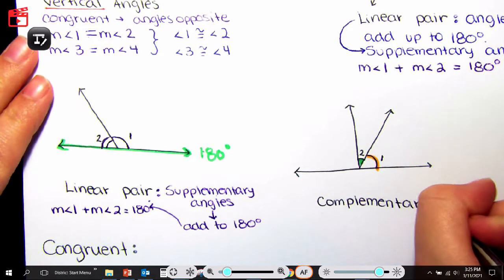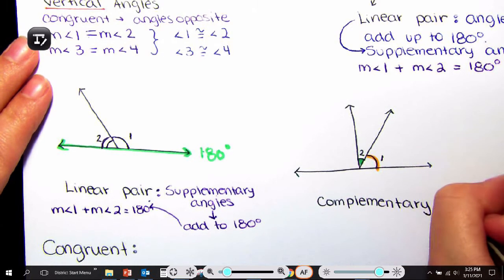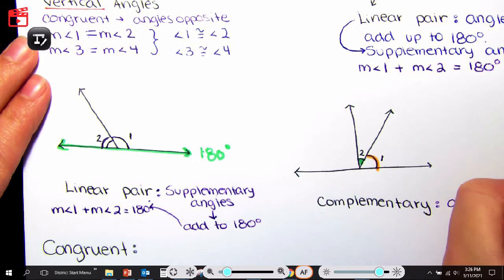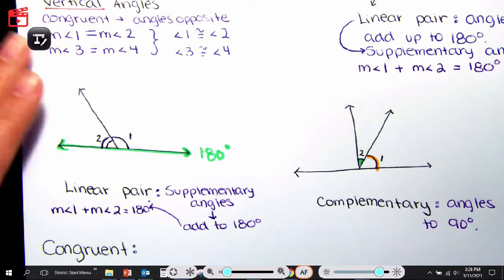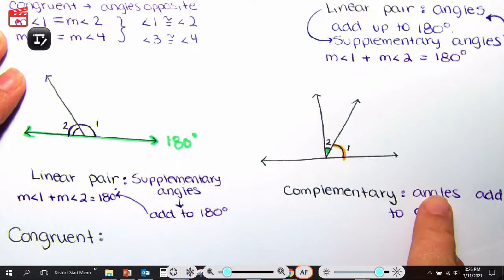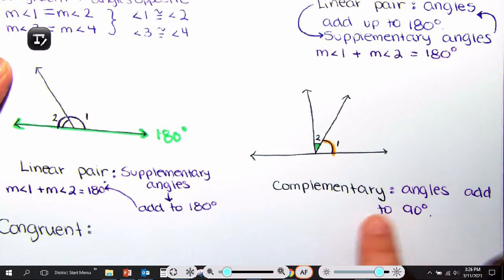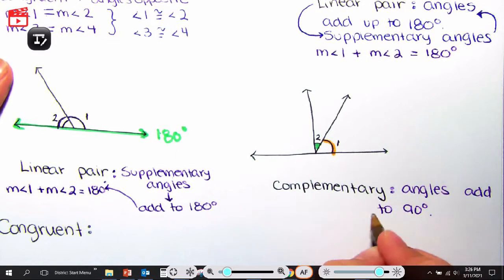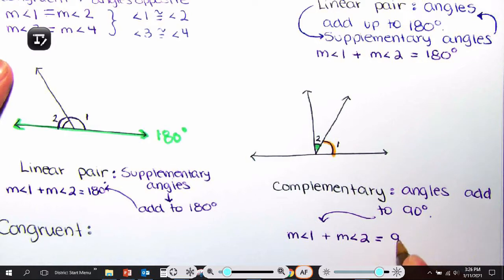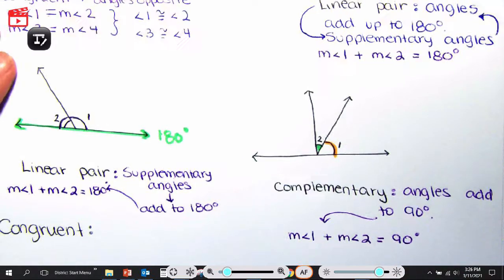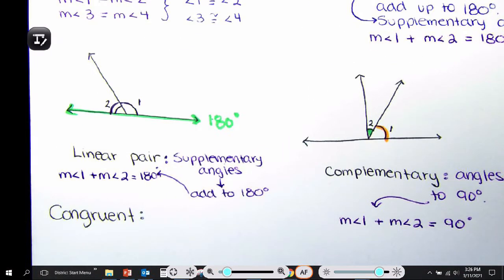So when you have complementary angles, they are angles that add up to 90 degrees. What do you have? Complementary angles. What does that mean? They add to 90 degrees. What does that mean? That means that the measurement of angle 1 plus the measurement of angle 2 is equal to 90 degrees.